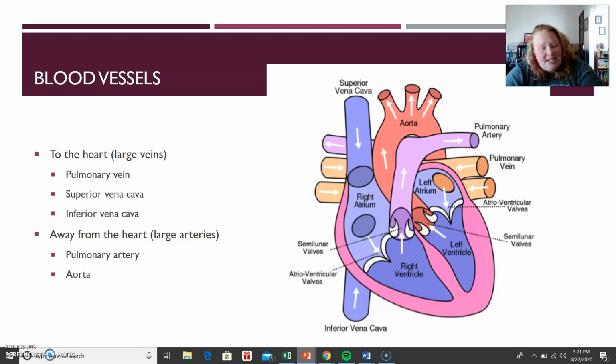Your veins have less pressure because that blood has traveled all the way down to whatever tissues it's going to, has traveled through your capillaries, and has lost a lot of its momentum. Because of that, some of your veins have valves in them that will close to prevent backflow and prevent your blood from pooling, especially in the lower part of your body.